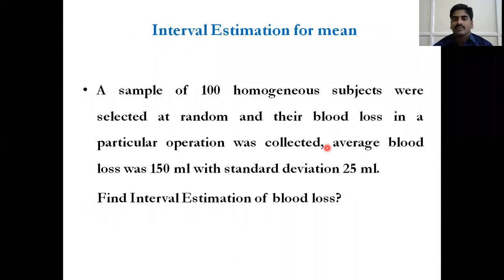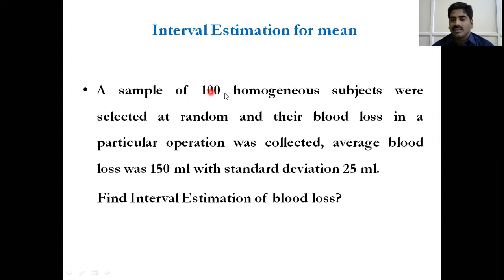Next, interval estimation for mean. A sample of 100 homogeneous subjects were selected at random, and their blood loss in a particular operation was collected. Average blood loss was 150 ml with a standard deviation of 25 ml. Find the interval estimation of blood loss.